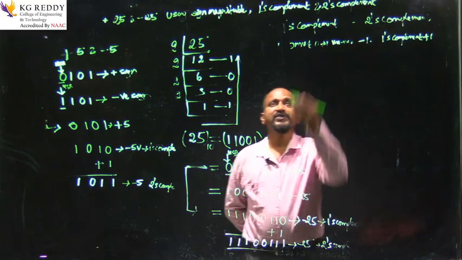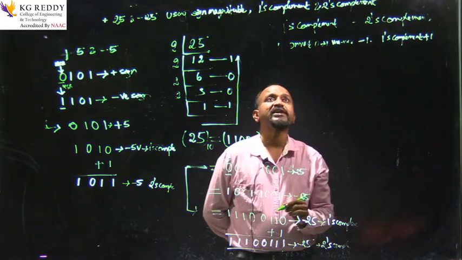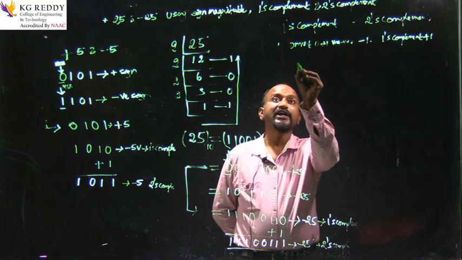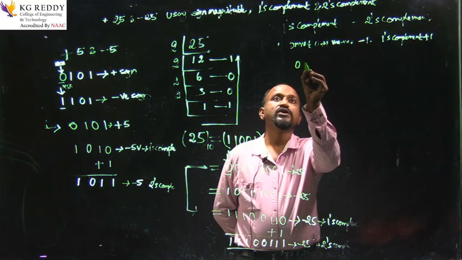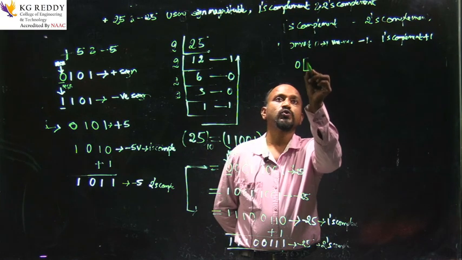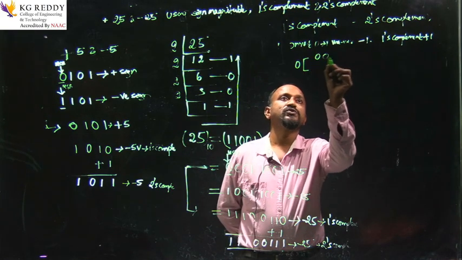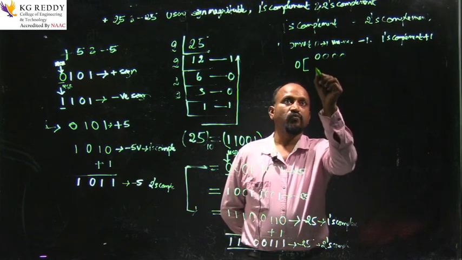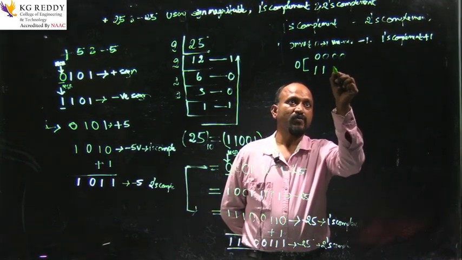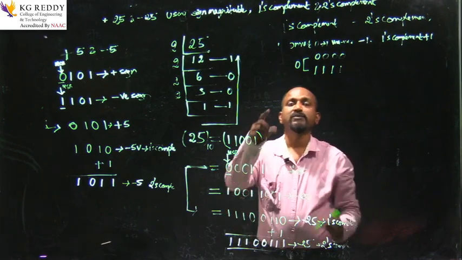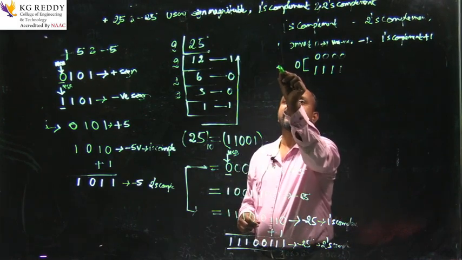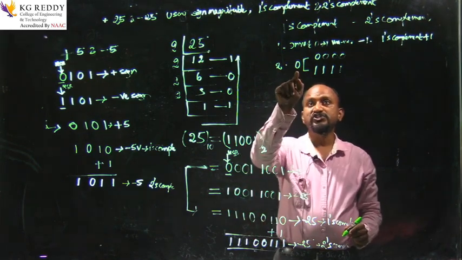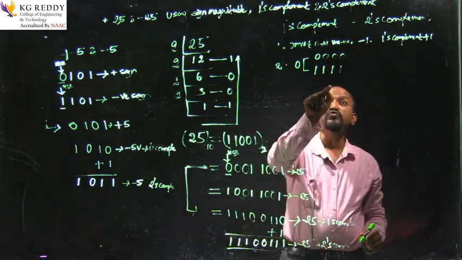Here we have seen that 0 can be represented in two different forms. In ones complement, 0 can be represented as 0, 0, 0, 0 and also 1, 1, 1, 1 in 4-bit binary.